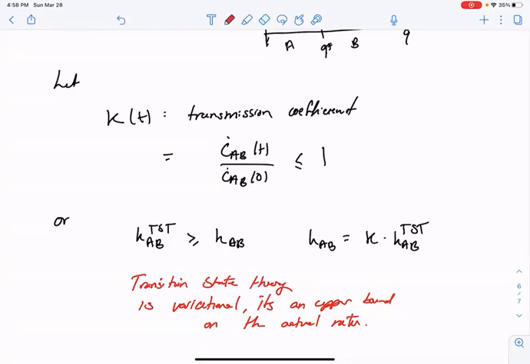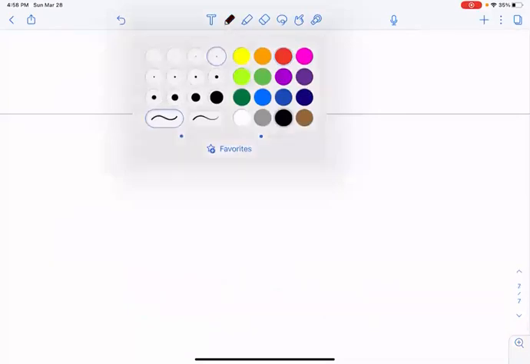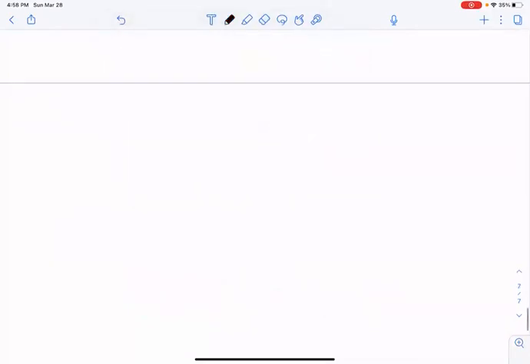Okay, so to end today, let's actually just work out a concrete example where we can compute some of the integrals exactly to give you a feeling for what transition state theory looks like. And let's work out a case where everything is locally harmonic.